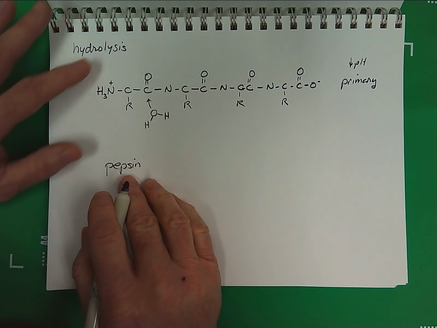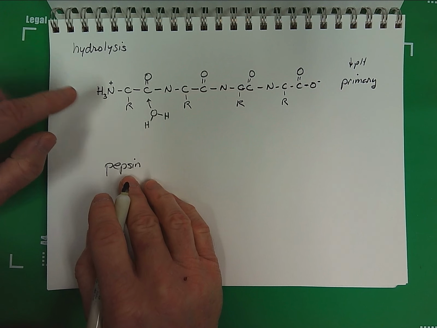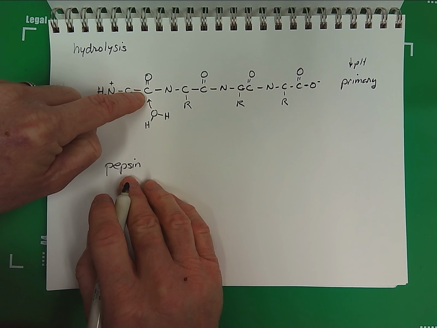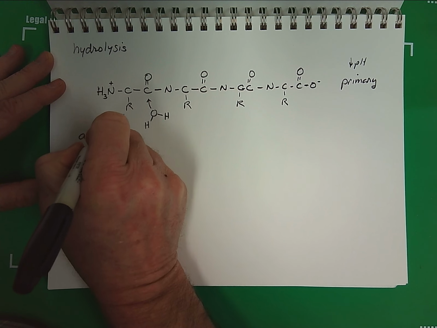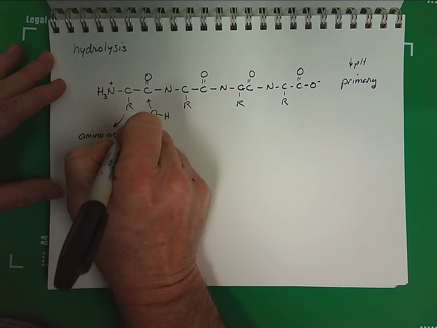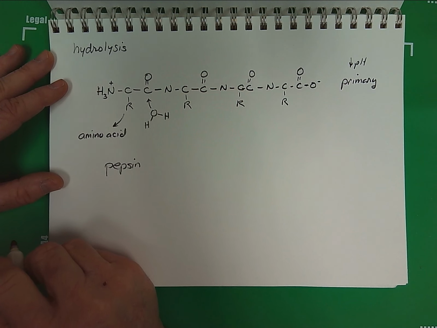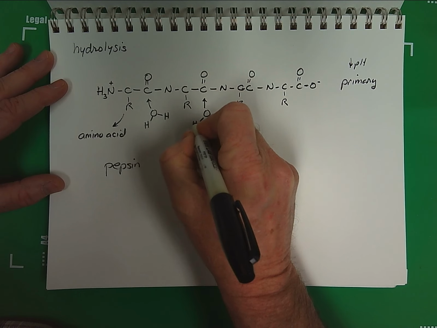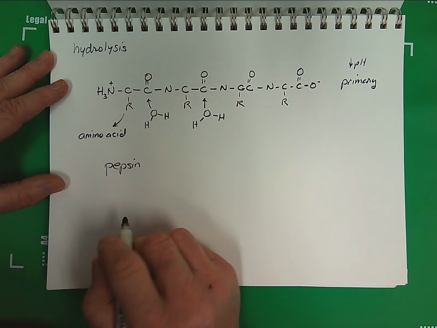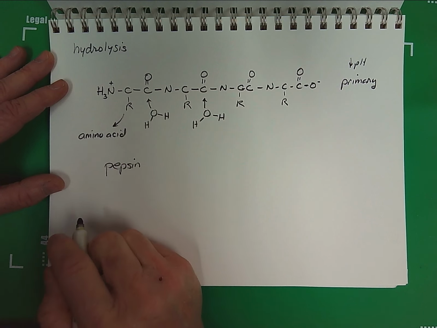So pepsin will take this structure and add water across the peptide bond, and in doing so, release the amino acid. Now, pepsin is able to do this with many of the peptide bonds, and so that is going to slowly degrade the protein.